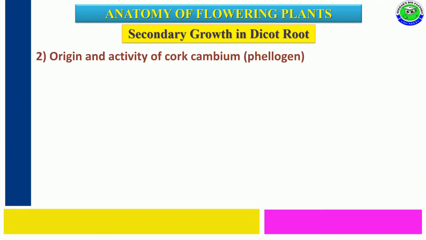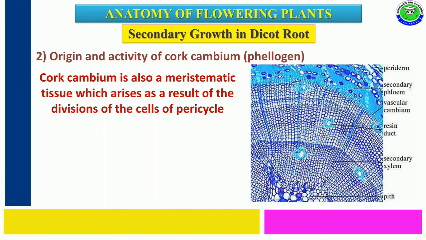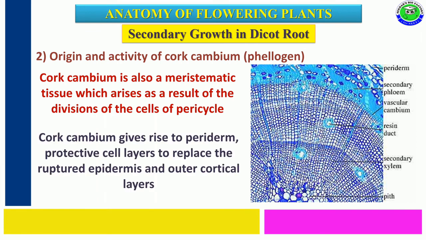The second step is the origin and activity of cork cambium, which is phellogen. The cork cambium is also a meristematic tissue, but it arises as a result of division of the pericycle present below the endodermis. The cork cambium gives rise to periderm to protect or replace the ruptured epidermis and outer cortical layers.